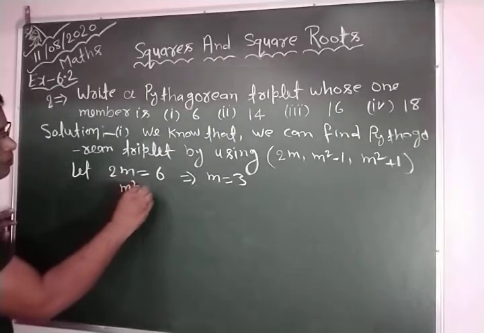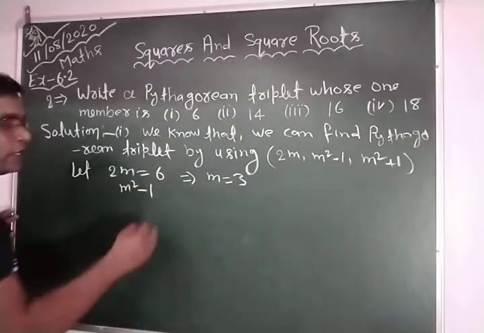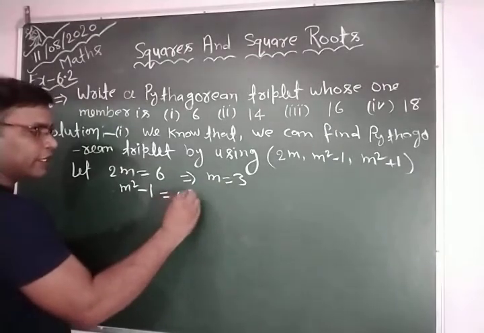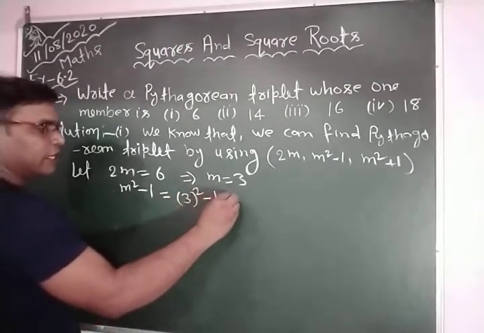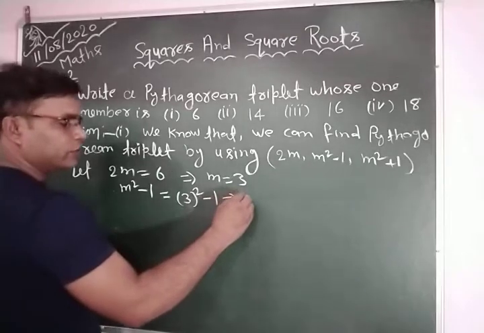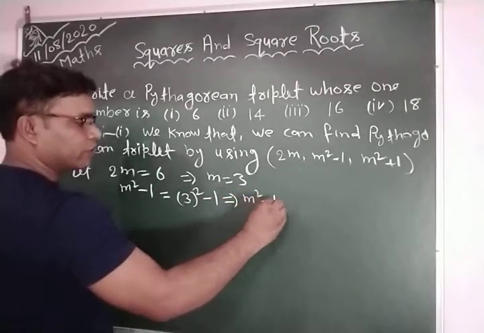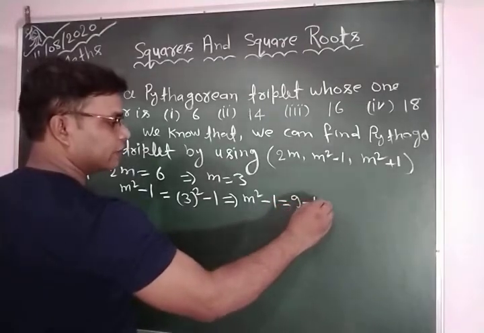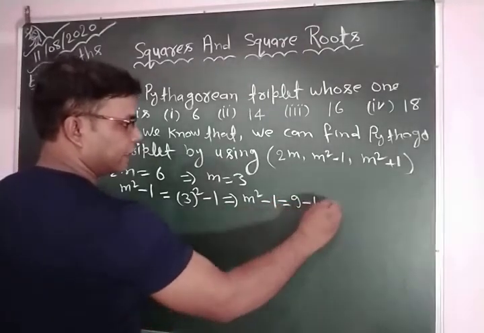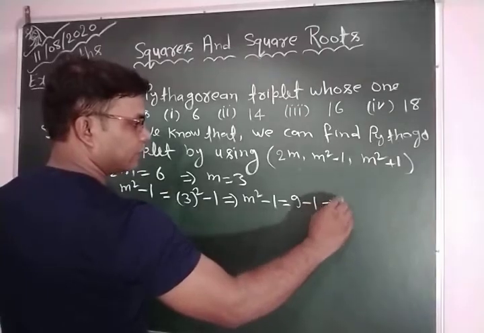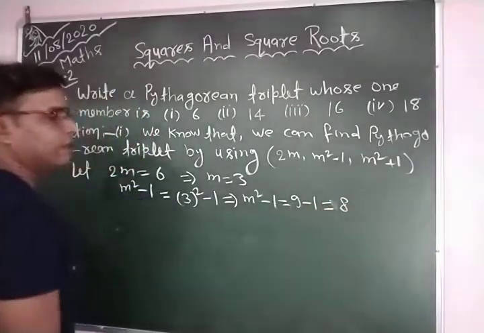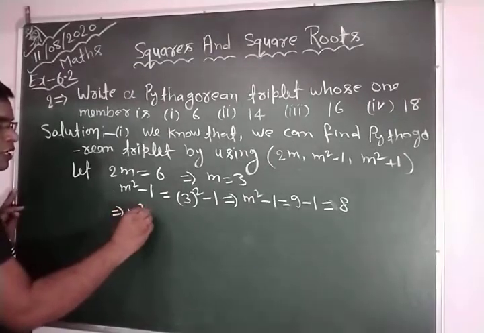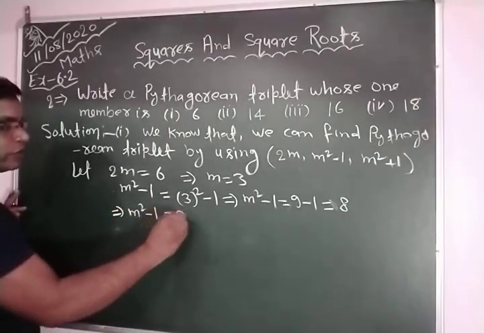The value of m is 3, so this is equal to 3 square minus 1, so m square minus 1 is equal to 9 minus 1. This is equal to 8. Okay, so we find here the value of m square minus 1 is equal to 8.